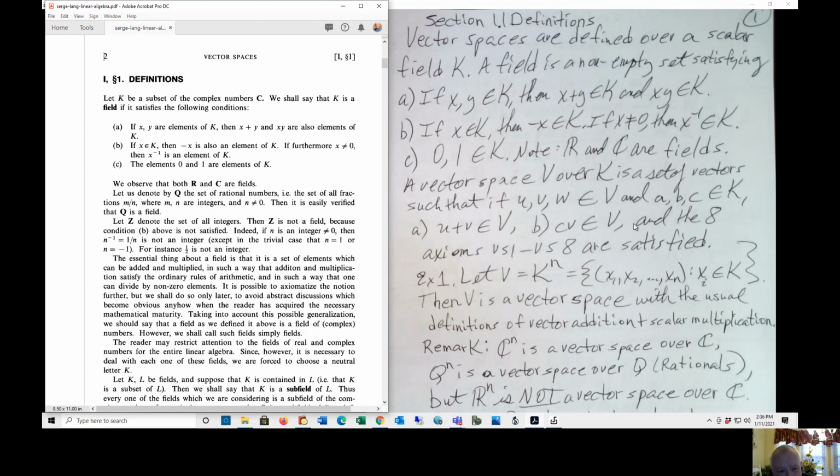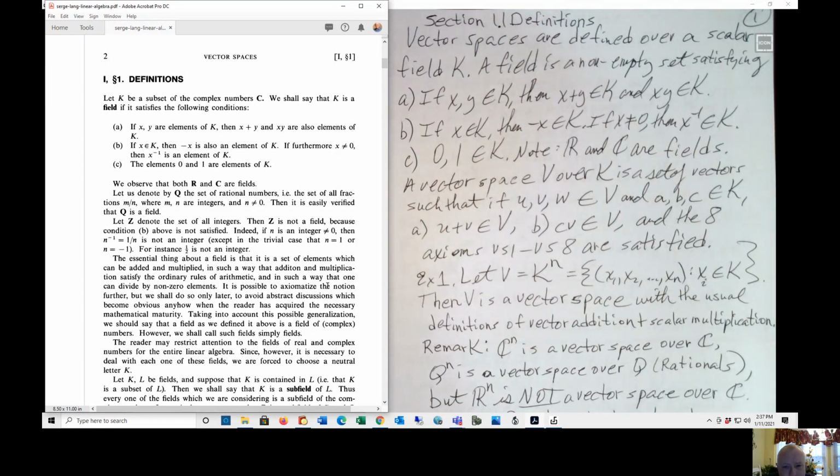It's not closed under multiplicative inverse for non-zero elements. So the main thing to know about a field is that it behaves according to the ordinary rules of arithmetic, addition and multiplication, that we use in the real numbers and the complex numbers.